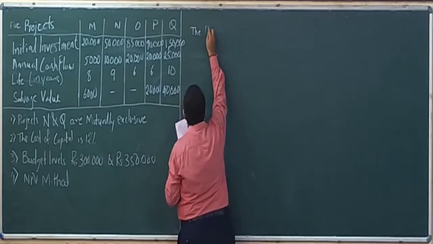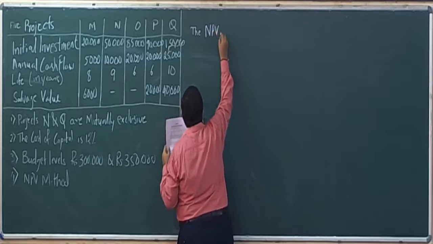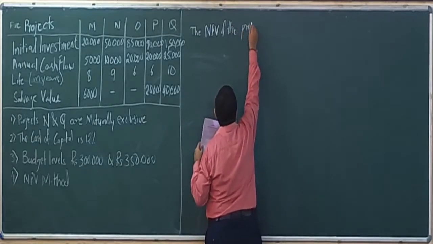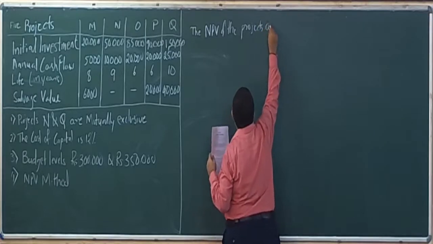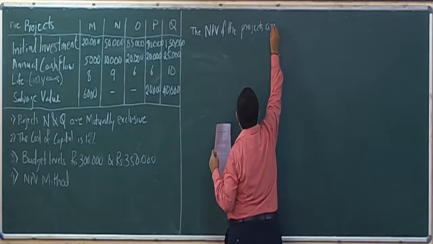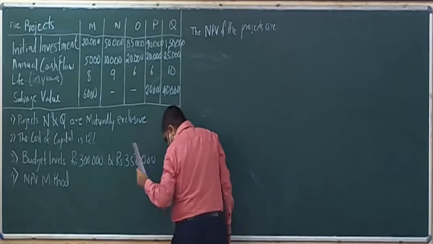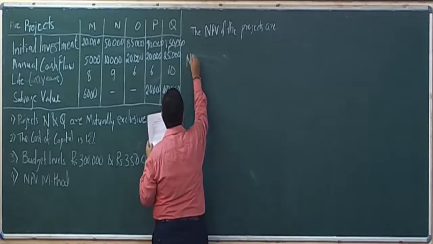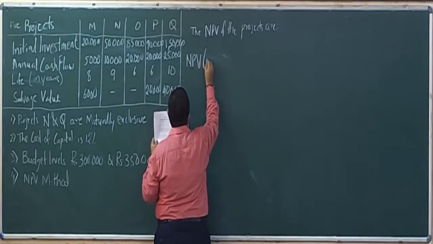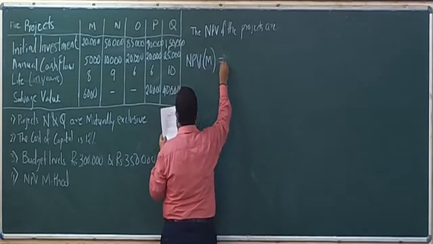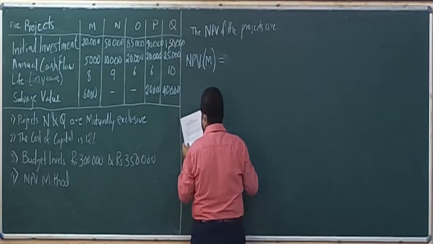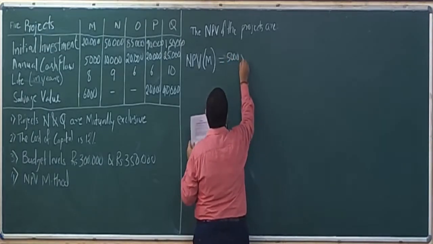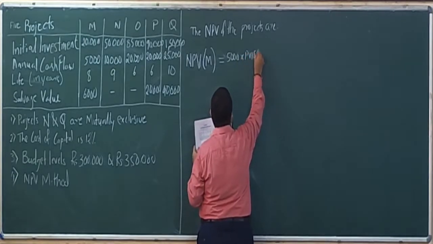The NPV of the projects are: let us take NPV for project M. For project M, the annual cash flows are 5,000 into the present value interest factor annuity.